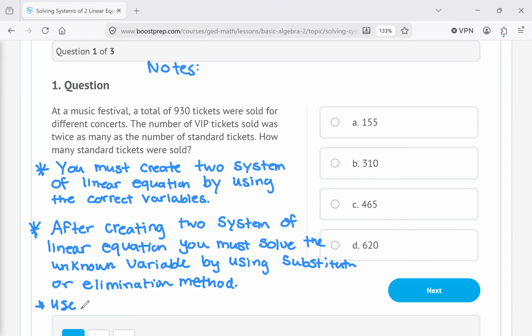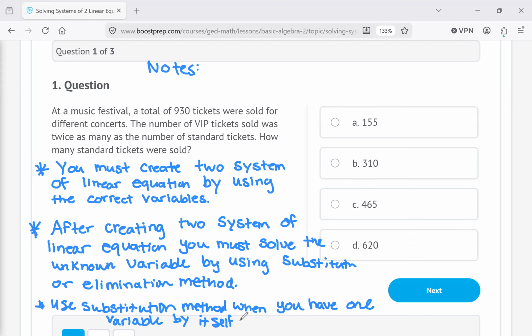You would use substitution when you have one of the variables by itself, or one of the letters by itself. That's a big clue to do substitution.